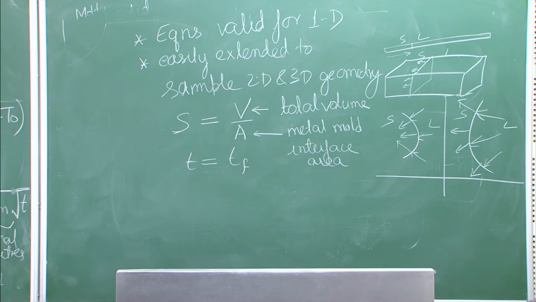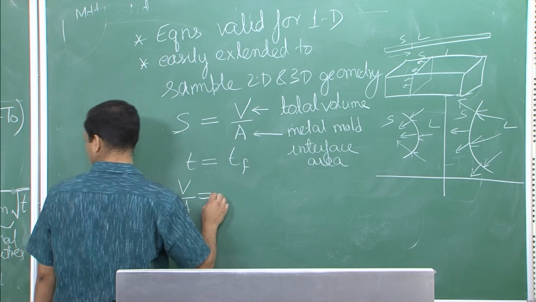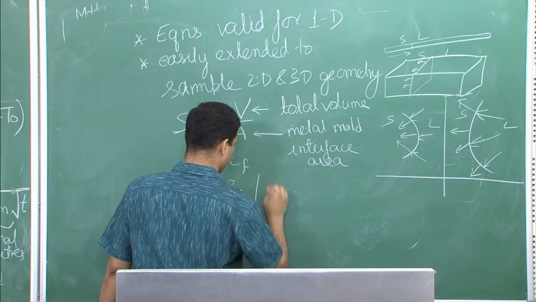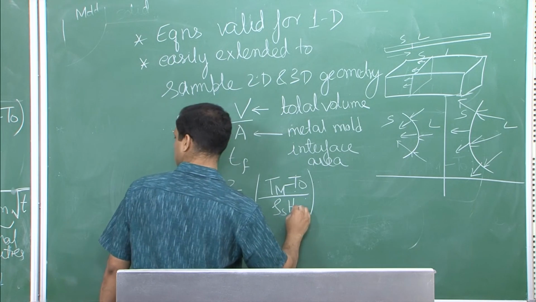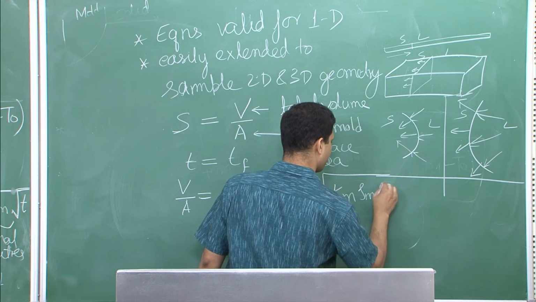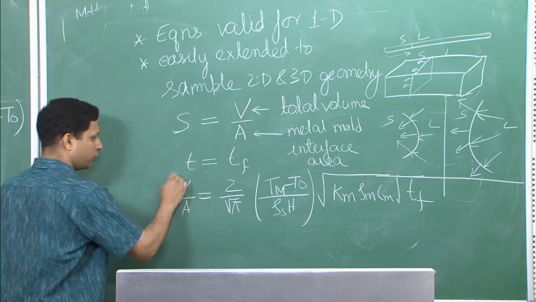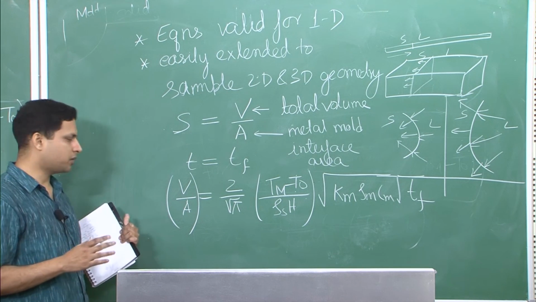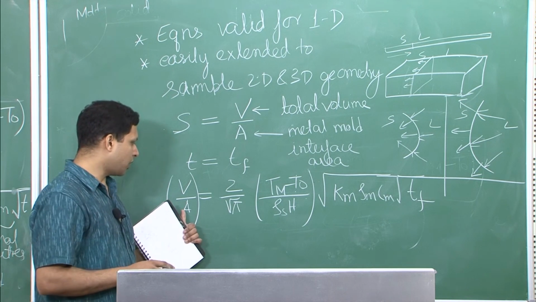So now you can replace these over here, and we can get, where V is the total volume we are talking about, whatever is the total volume of the cast that has been solidified, A is the metal surface contact area, the metal mold contact area.